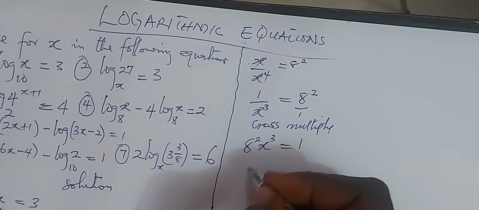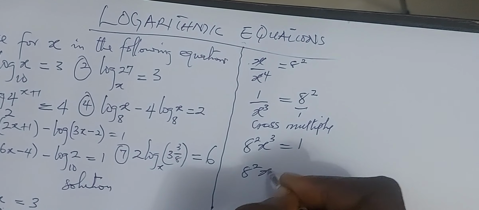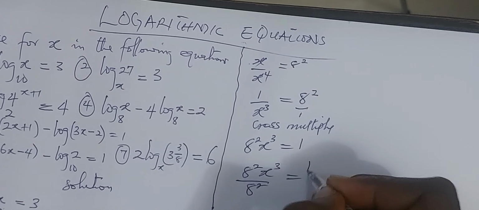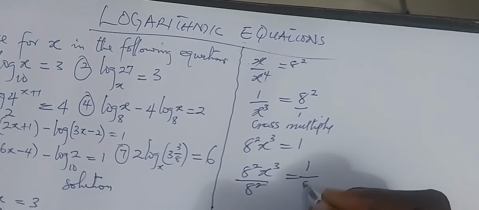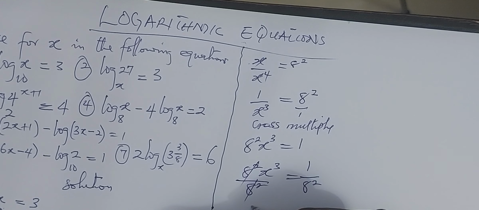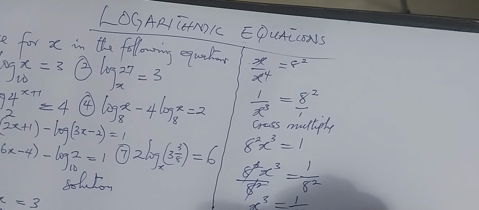We now have 8 square x raised to the power of 3 over 8 square equals 1 all over 8 square. This cancel this. We now have your x cube equals 1 all over 8 square.